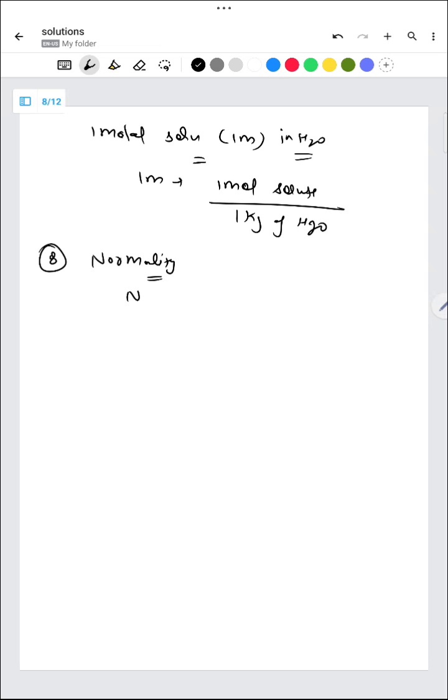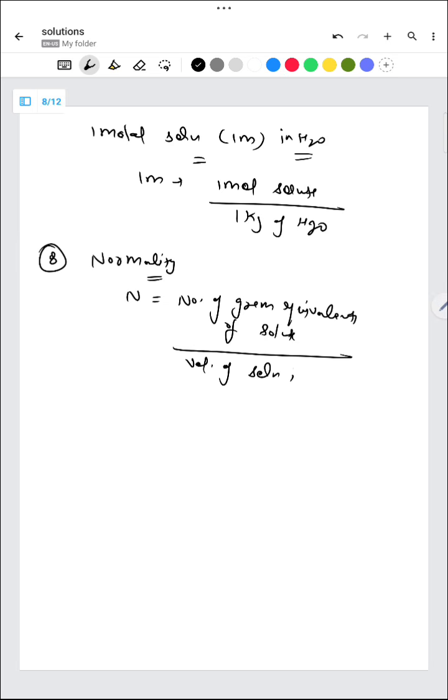We denote normality by capital N. It is similar to molarity, but in molarity we were using the number of moles of solute, and in normality we will use the number of gram equivalents of solute, divided by the volume of solution in liters.